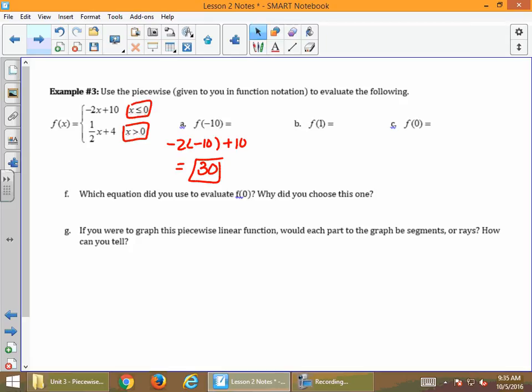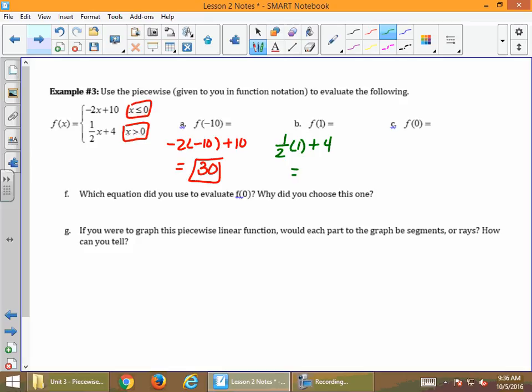Which one are you going to plug 1 into? Top or bottom? Bottom. Why? It's more than 0. The bottom one's saying we can plug in any x value that's bigger than 0. Well, 1 is bigger than 0, so we're going to plug it into the bottom equation. And what do we get when we plug 1 in?